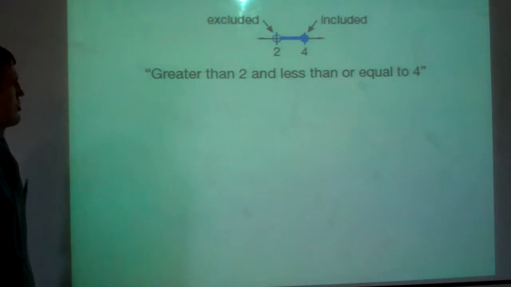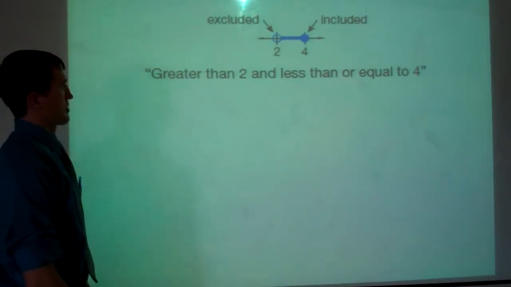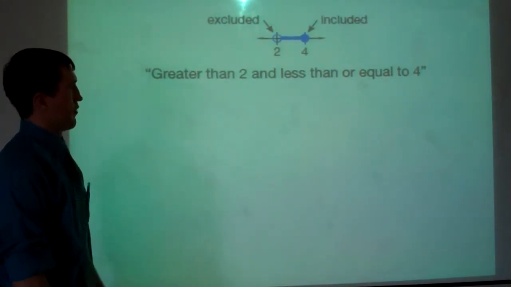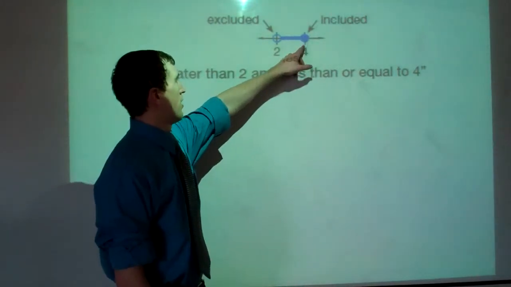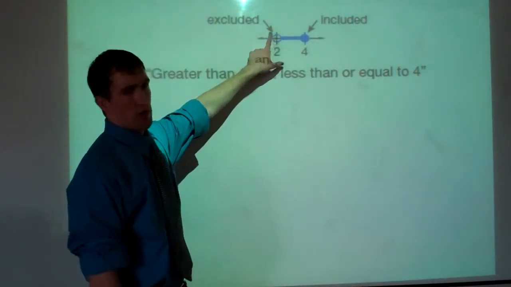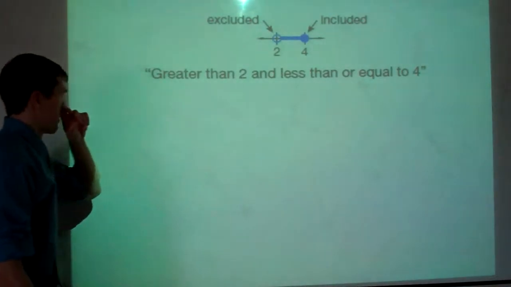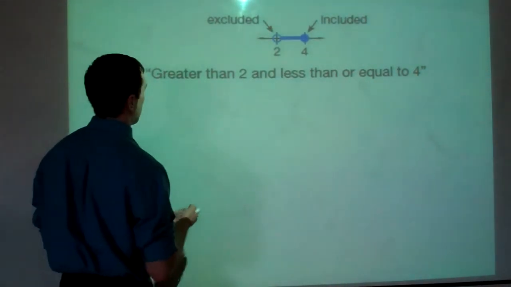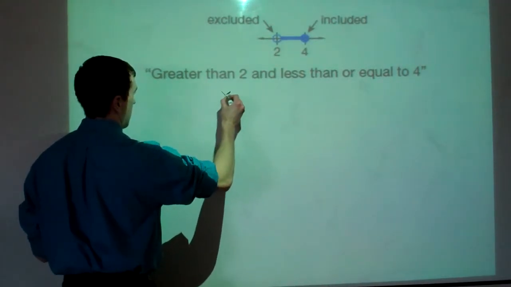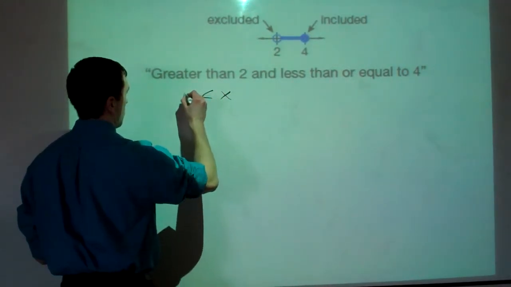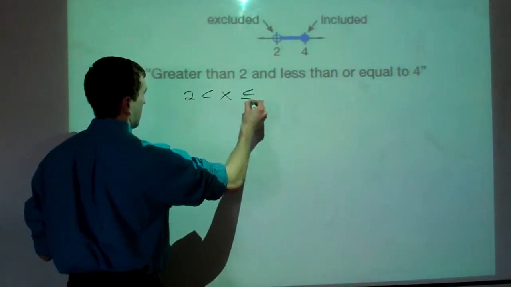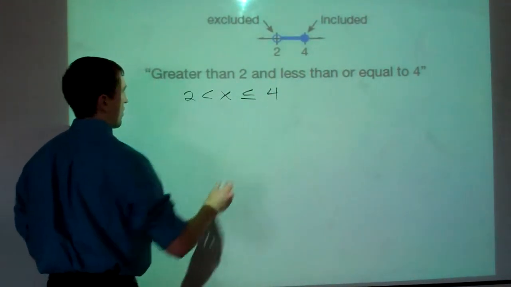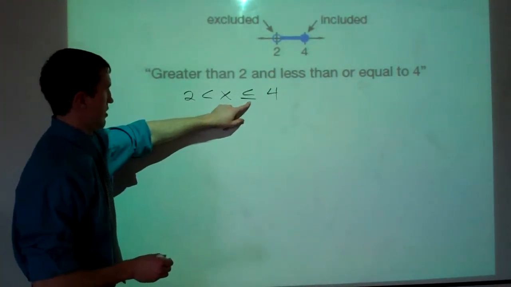So for instance, this graph shows two numbers, one that's excluded, one that's included. If you're including the 4, you shade in. If you're excluding the 2, you do not shade in. It's an open circle. So this reads greater than 2, less than or equal to 4. Okay, so it would look like this. X is greater than 2, less than or equal to 4. So this symbol is less than or equal to.